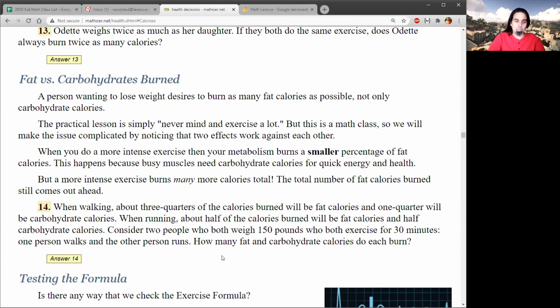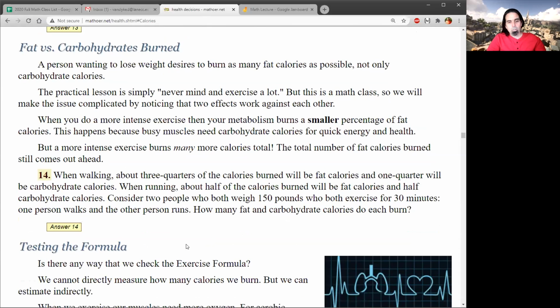So you tend to burn a smaller amount of fat because you need the energy from carbs to get your quick energy. So as a really complicated problem, let's show that even if you're doing more intense exercise, you will still get ahead on burning fat just because you burn so much more calories total.